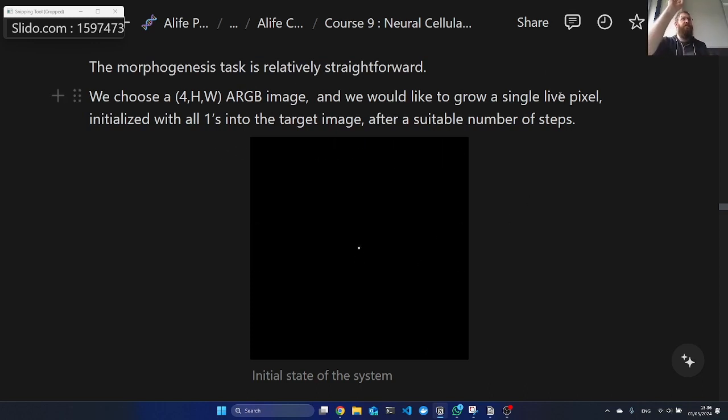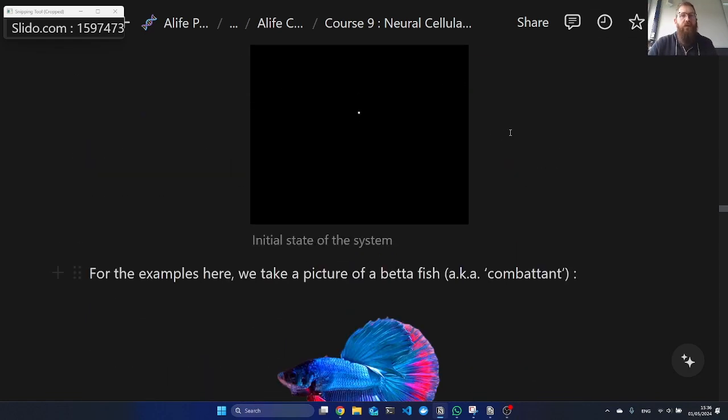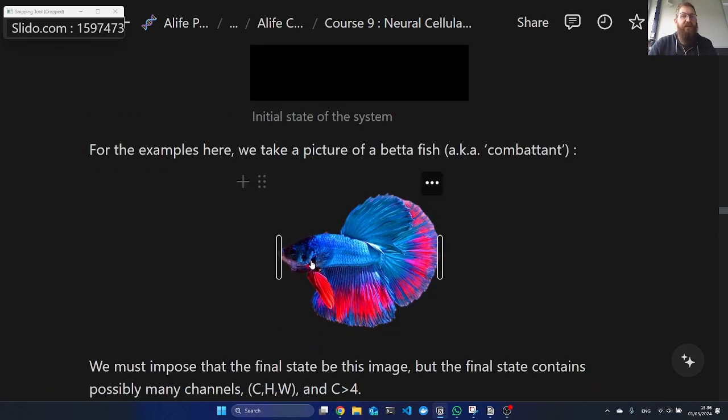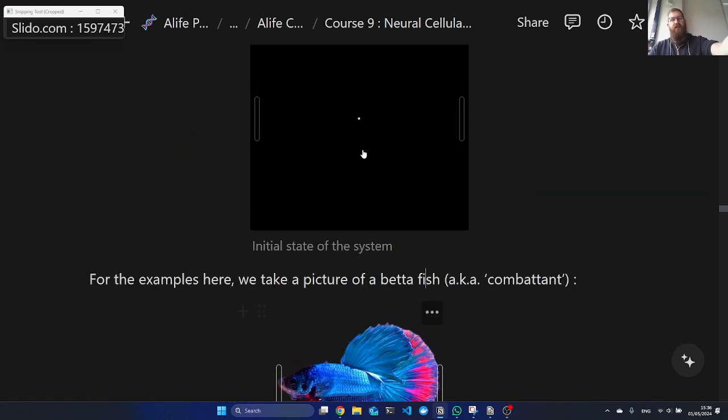This pixel in the middle has value 1 in all of its channels, not only red, green, and blue, but also all the hidden channels. And we want to go from this to, let's say, this picture of a betta fish. It's an aquarium fish, which I really like. So we'll try to grow from this to this.